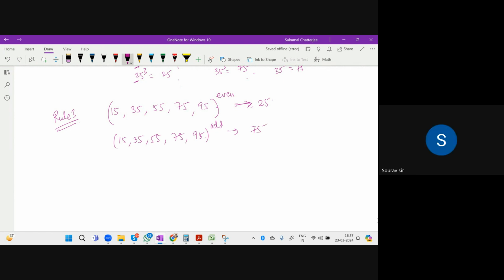So this is for 15, 35, 55, 75, 95. What remains is 25, 45, 65, 85, or 05. This to the power any power will end in 25. So to make life simpler, all you have to do is remember this. This is the exception. Rest all will end in 25.